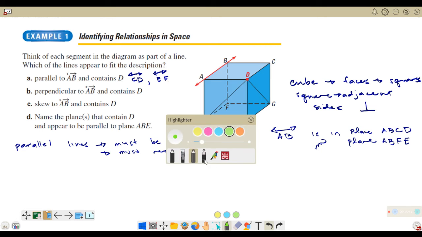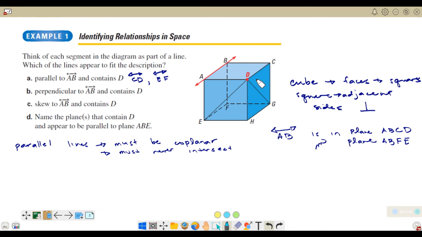Mag-mark ulit tayo. Ano kaya maganda dito? Ito bang blue? Visible pa rin? Ay, hindi masyadong visible. Green na lang ulit para safe. So, nagko-contain kay D, ito, plane CDHG, plane ABCD, at saka ito, tong plane, parang nakuha lahat, 'di ba?